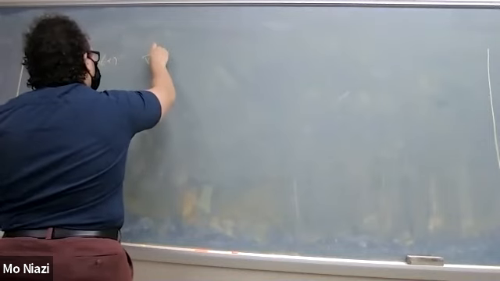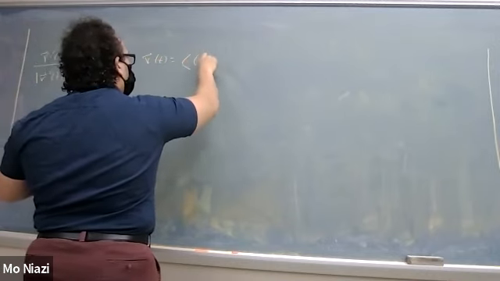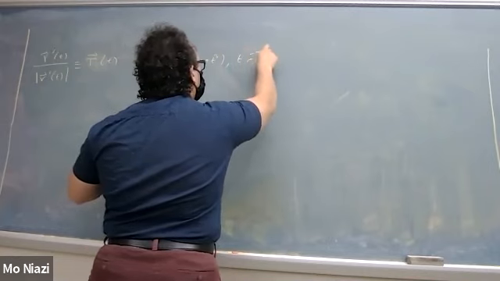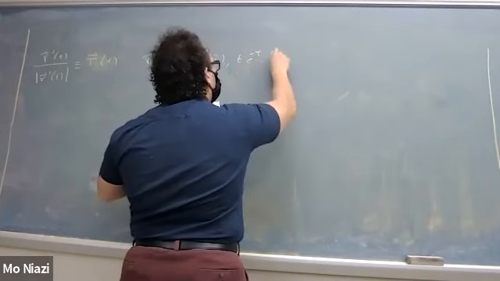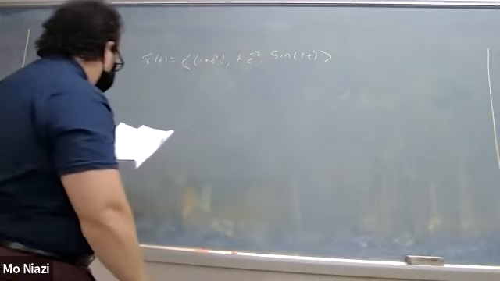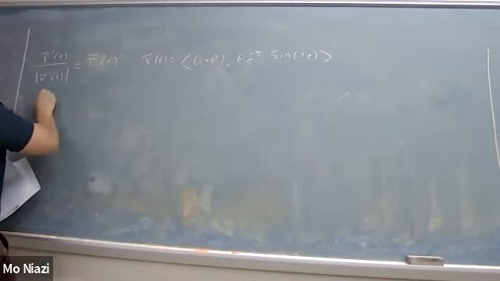So let's give an example. Let's say R of t is equal to the quantity 1 plus t cubed, t e to the negative t, and sine of 2t. Let's take the derivative of this function. What is R prime of t?